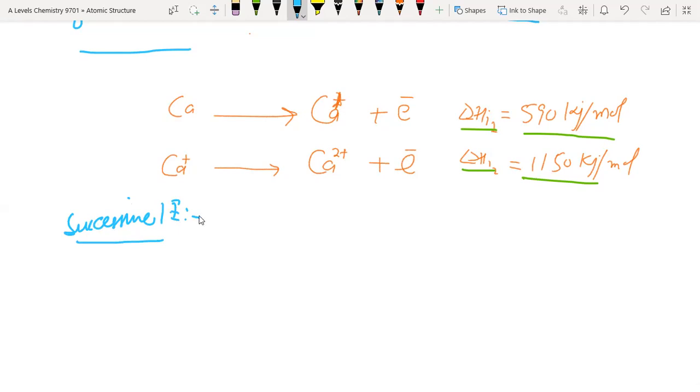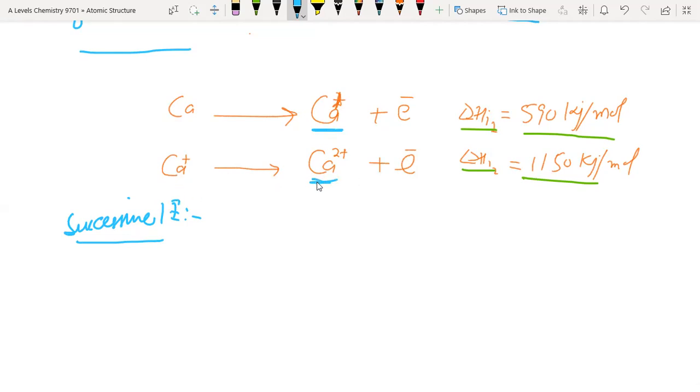What is successive ionization energy? It is the energy required to remove the second or third or fourth and so on electron from a positive ion, an already formed positive ion.